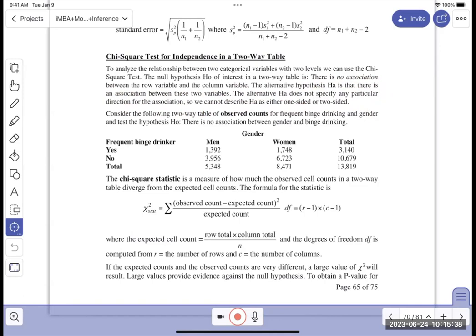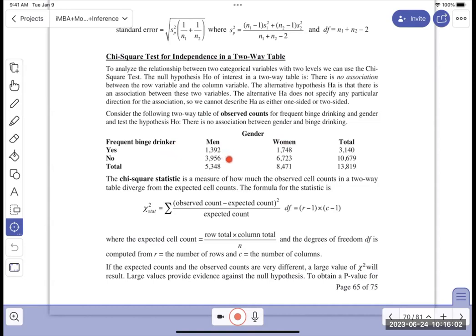So let's say we want to see, is there a relationship between gender and binge drinking? In other words, do men have a greater preponderance, or less? We don't want just a different preponderance than women to be binge drinkers. So here are my results.